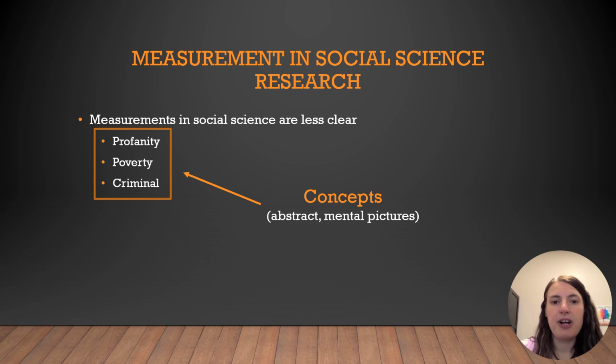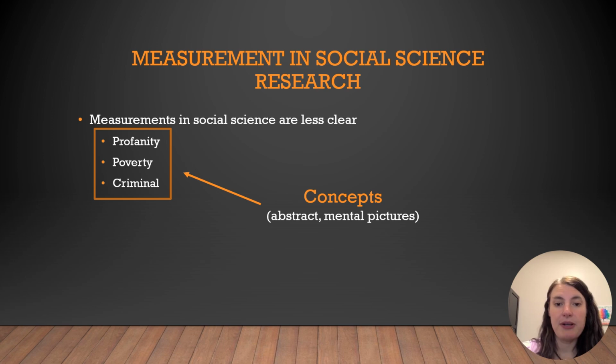This uncertainty regarding the word profanity is because it's something that's known in research methods as a concept. This means that the word itself is something you know instinctively, but your understanding and your definition of the word may differ from other people. Another definition of concepts is abstract mental pictures that exist in our mind.